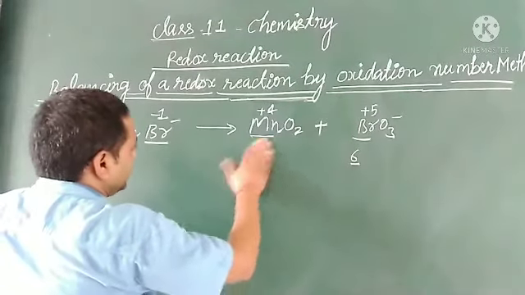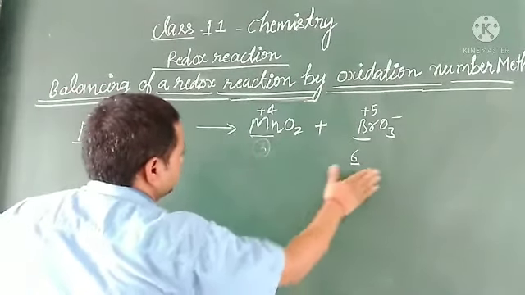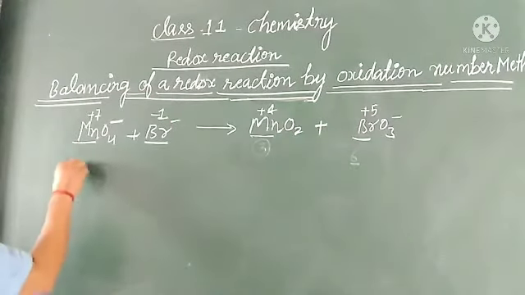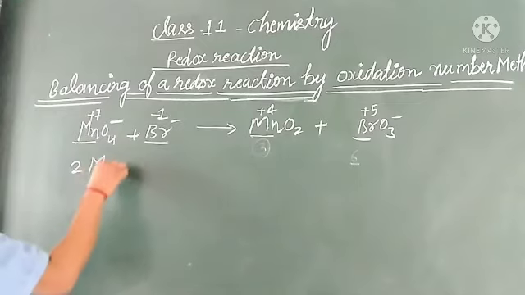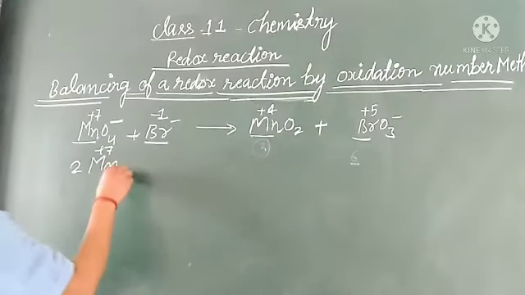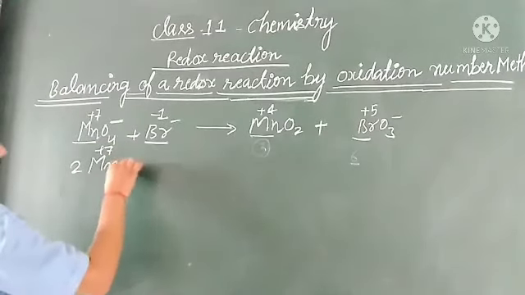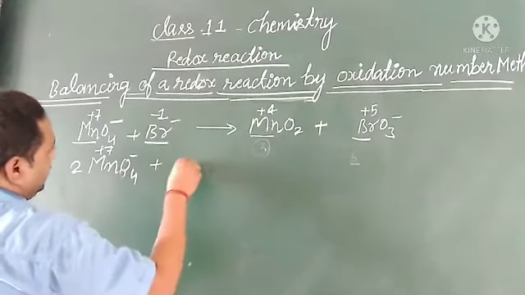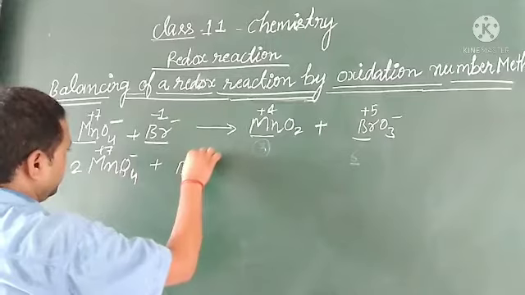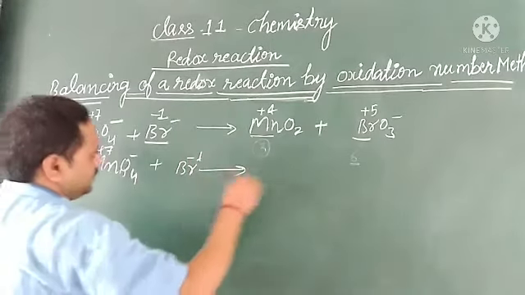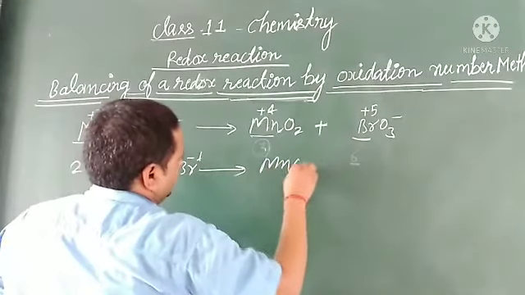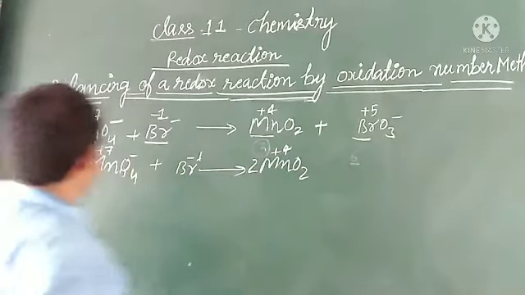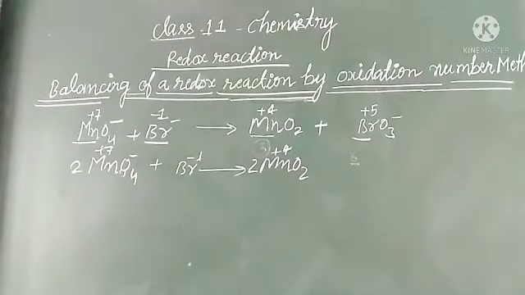We can multiply the Mn species by 2. So Mn plus 7 O4 minus plus Br minus 1 gives 2 MnO2.